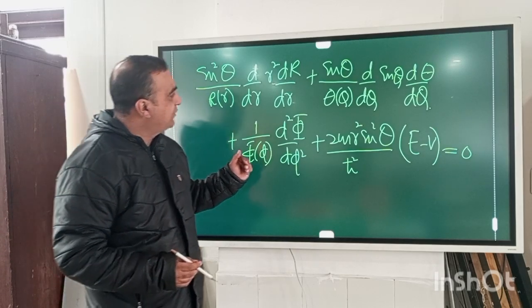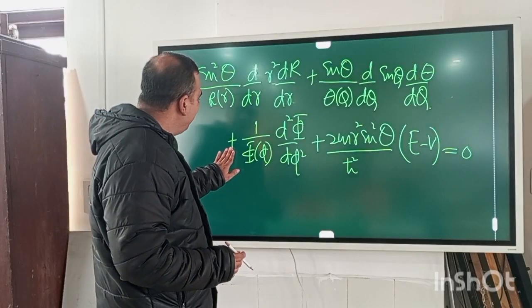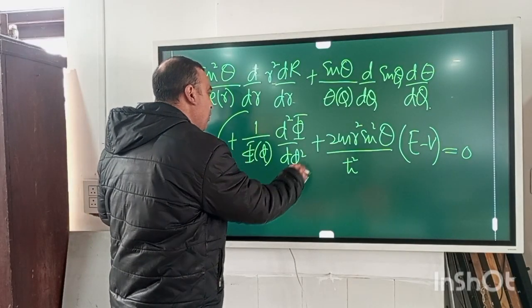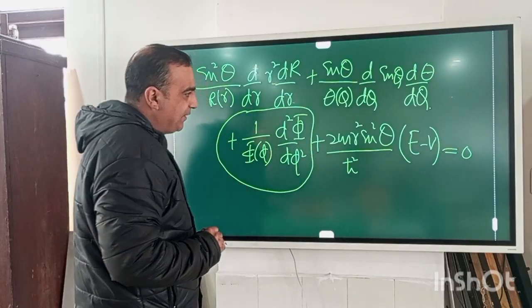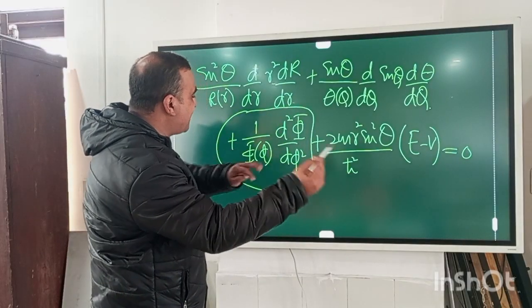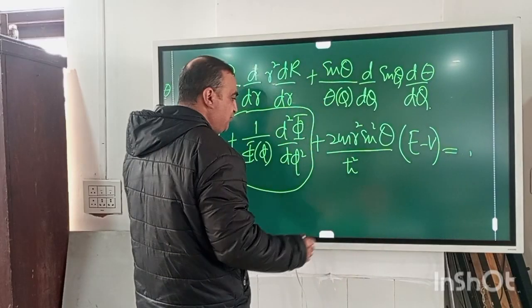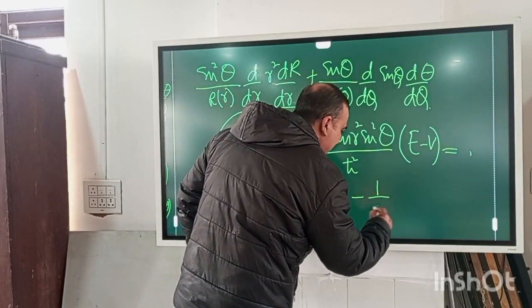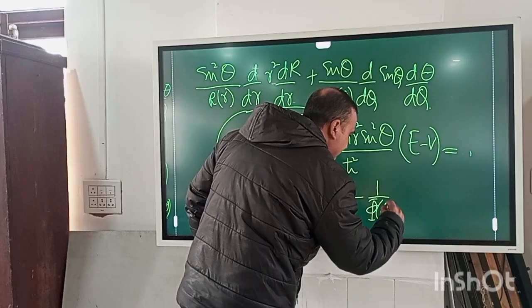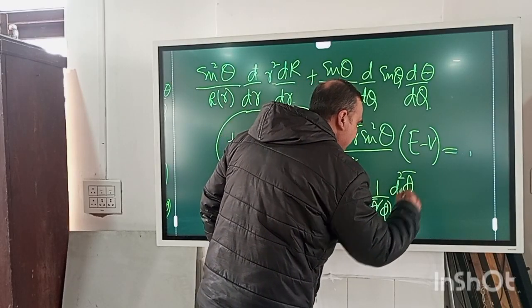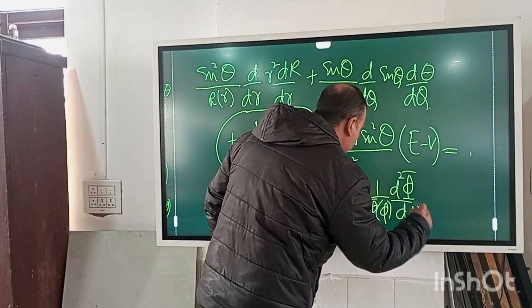I mean, suppose, depending on my choice, I take this part on the other side of the equation. So if I take it on the other side of the equation, I will not have a 0. What I will have, this will shift into minus 1 by phi of phi, and then you will have d2 phi by d phi 2.